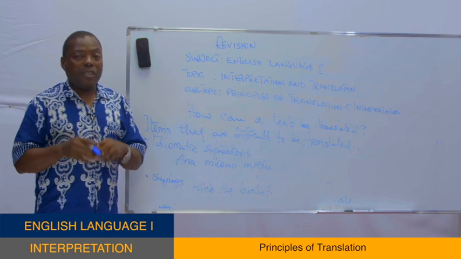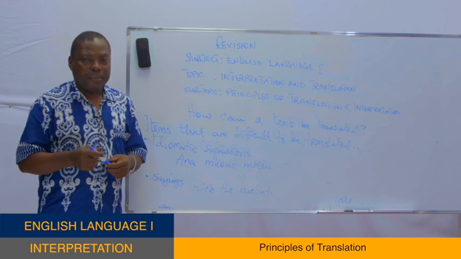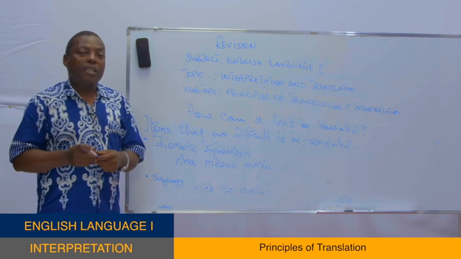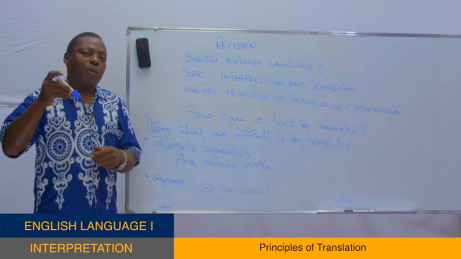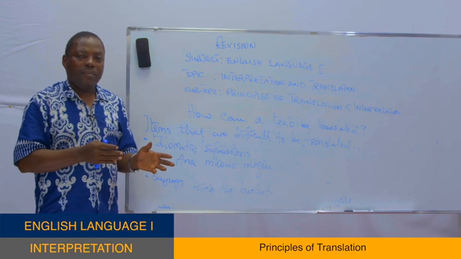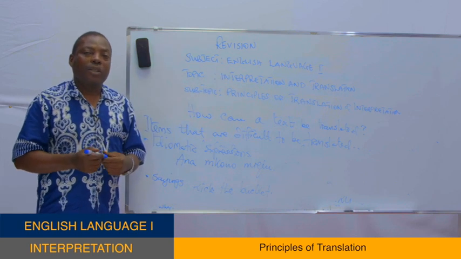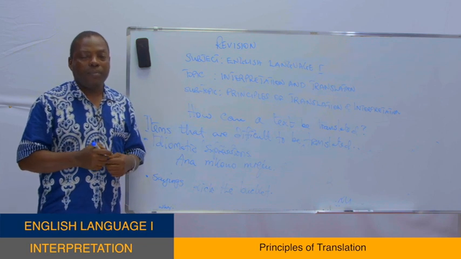There are some that we have said you can leave the way they are. But others, you need to know how to translate them by looking at the equivalences, and if at all they are there in the target language.